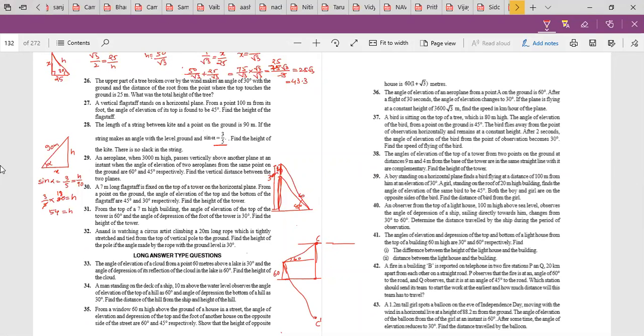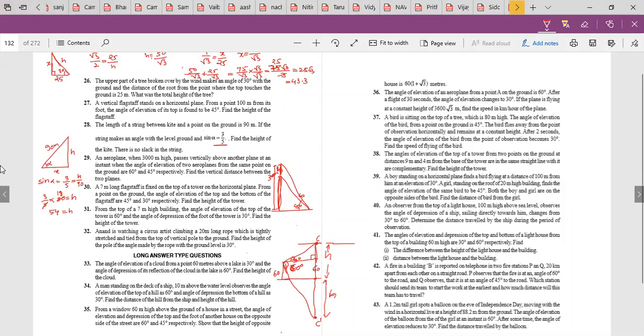Here, this angle of depression will be 30 degrees. No, this is 30, sorry. And this one is 60 degrees. So this height here we consider as h. This to this height, and this to this height is also h. And this is 60. This is perpendicular, so this to this distance will become h minus 60.